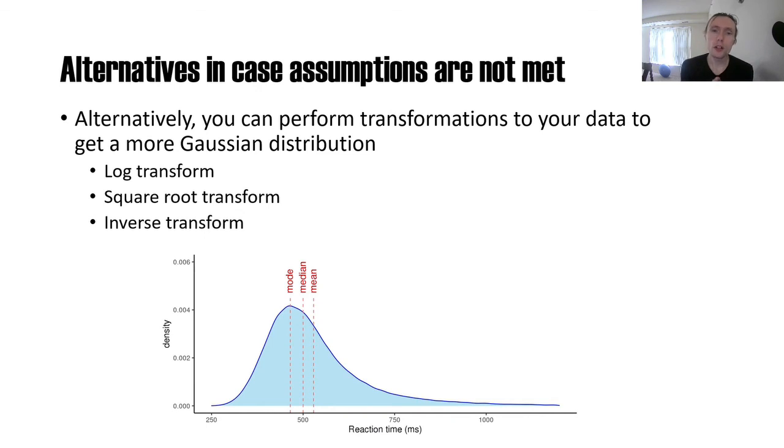Now, another alternative is that you transform your data. For example, in the lower part, you see that there is a skewed distribution, skewed to the right. And this is something that happens a lot, for example, when you look at reaction time data. Because in reaction time data, it often is the case that people are relatively quick, around 300 to 400 milliseconds, but then there are outliers to the right.